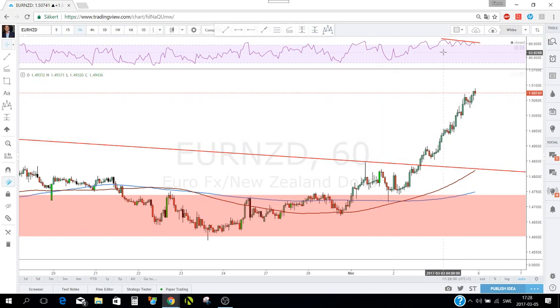a short-term trade. Because the divergence on the RSI is very clear, and it's been doing that since price was back down here. Look at this huge move to the upside, and the RSI kept diverging to the downside. So wait for the RSI to maybe go below 80 or 75.